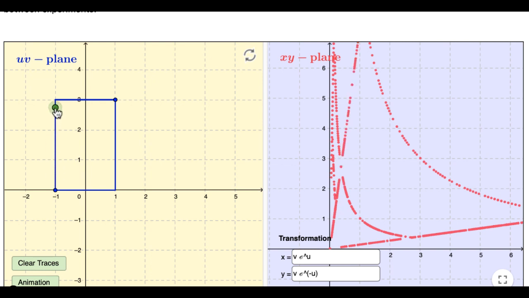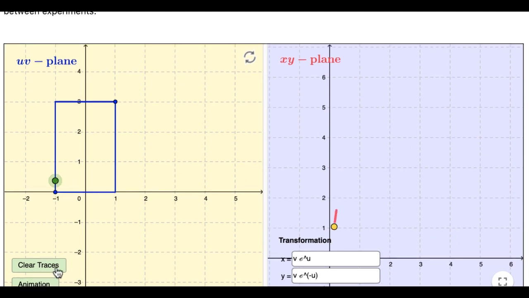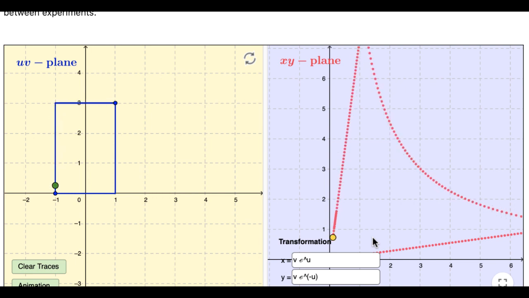So you start getting these regions, and that's the point of hyperbolic coordinates.